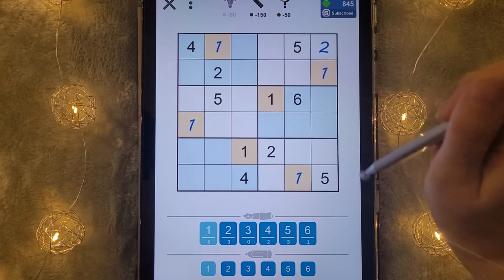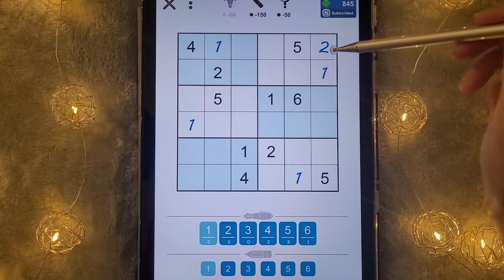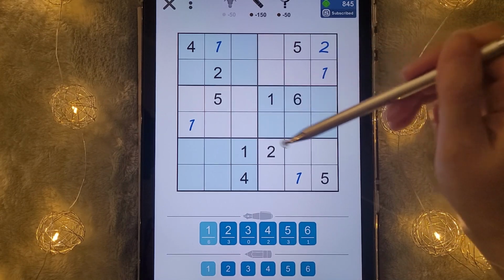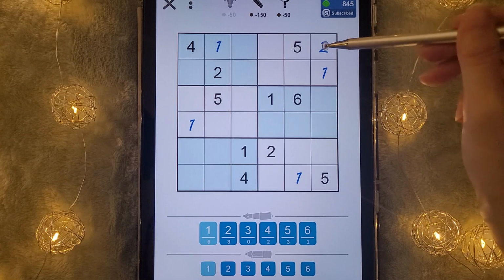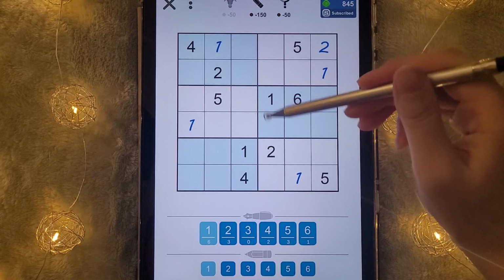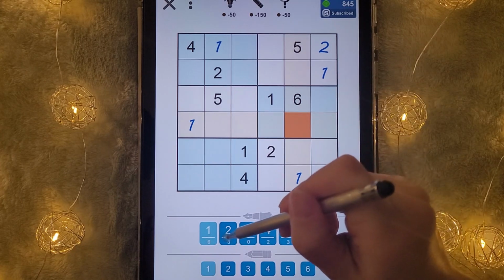Okay, and let's get back to the 2s. So now that we've placed the 2 in this box, I see that we can now place a 2 in this one, because this 2 sees these cells and this 2 sees this cell. So this is the only cell available for a 2.